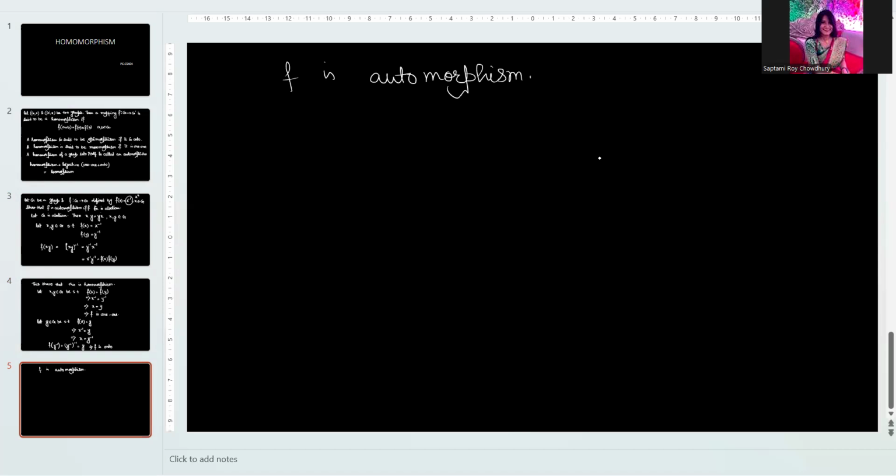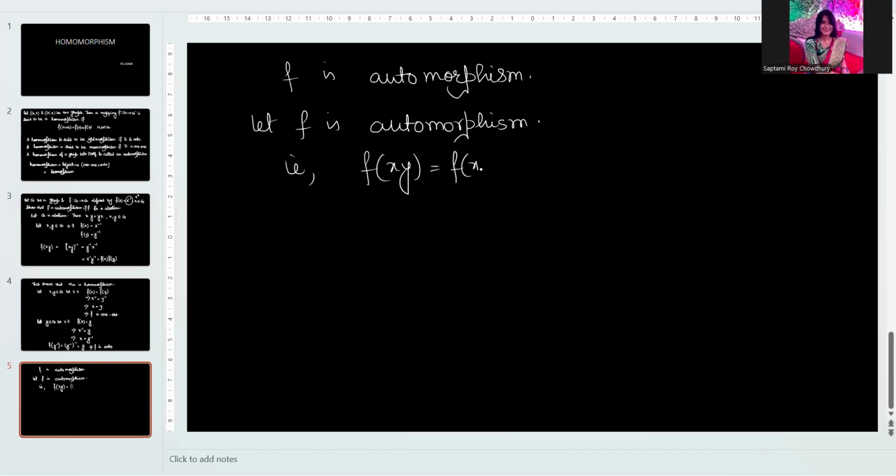Next we have to prove the converse part. That is, let f be an automorphism. Then we will show that G is abelian. Automorphism means f of xy, that is xy whole inverse, equals x inverse, y inverse. This means y inverse, x inverse equal to x inverse, y inverse.